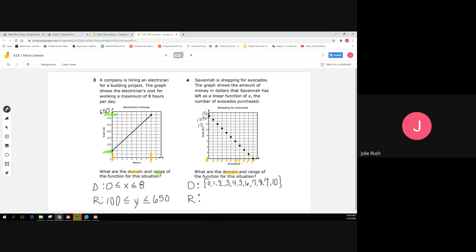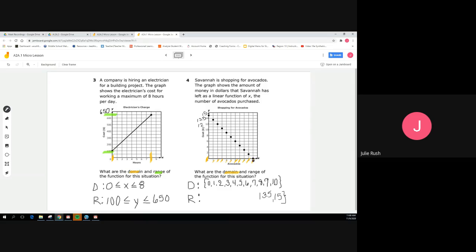So at 0, I'm at 15. So I'm actually going to write my range backwards, only because it's going to be easier for me to do that way, because my larger numbers are actually starting here on the left.